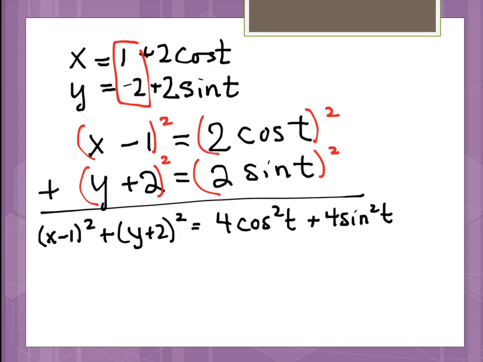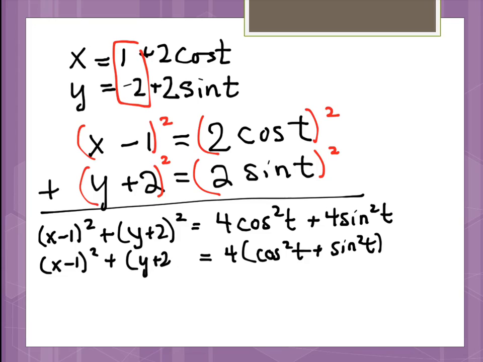And we did that because I actually can factor the 4 out now. I have that 4 sine squared plus that 4 cosine squared. So what am I left with on the right? This is 4.